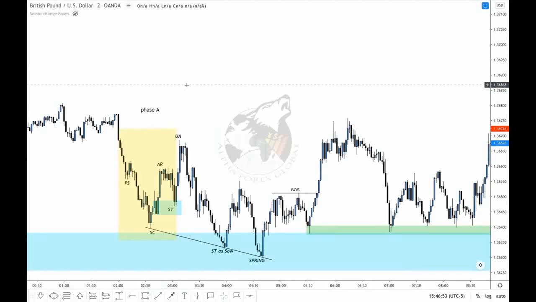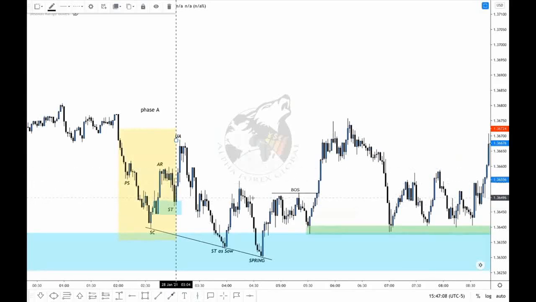So within phase B, which is from here, just before your spring, so about somewhere here.